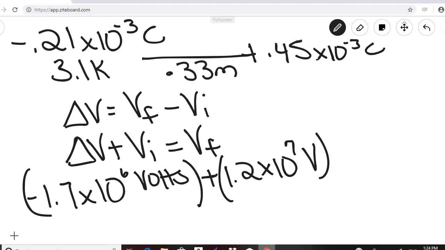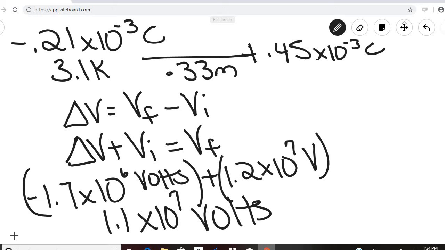So VF is equal to 1.1 times 10 to the 7th volts.